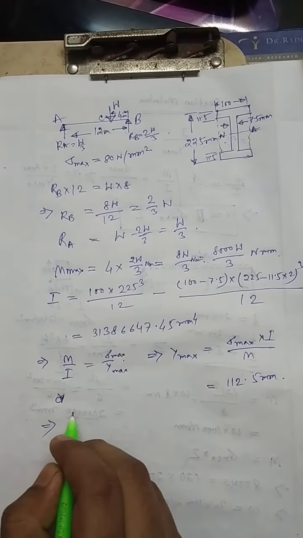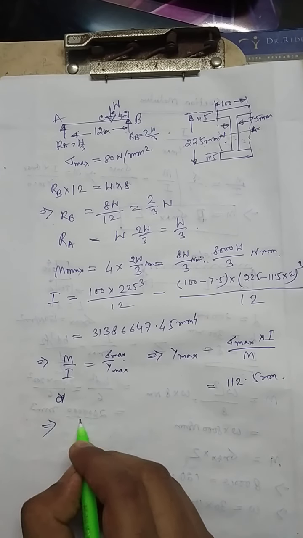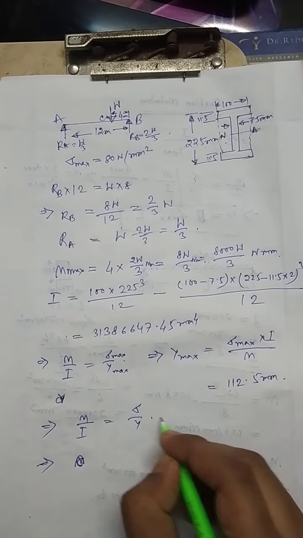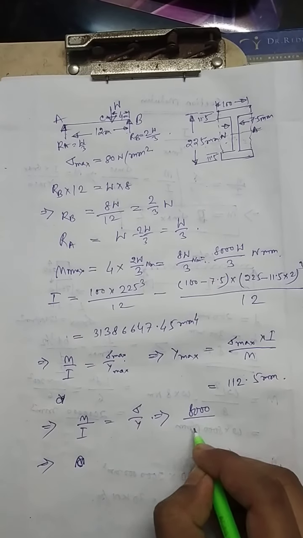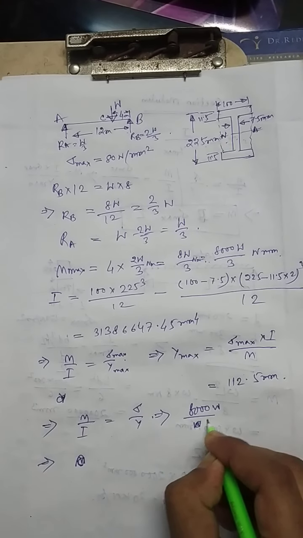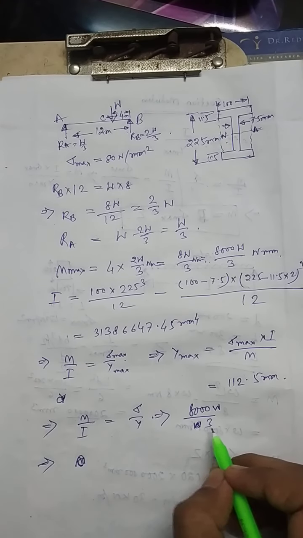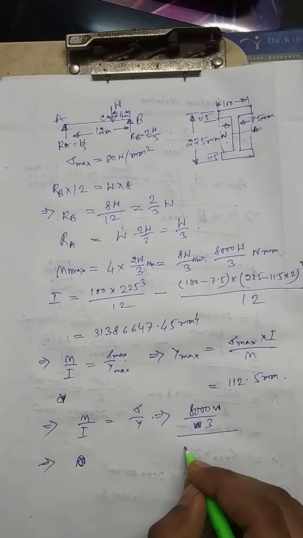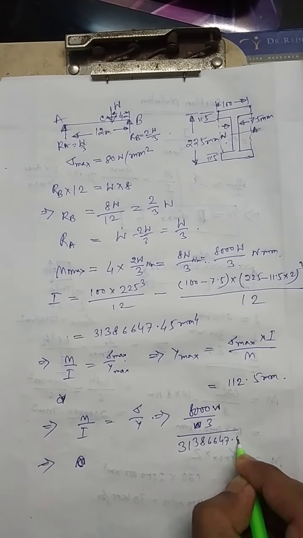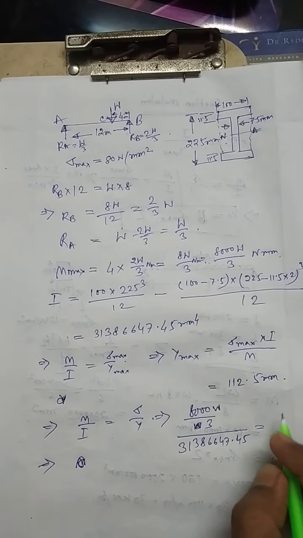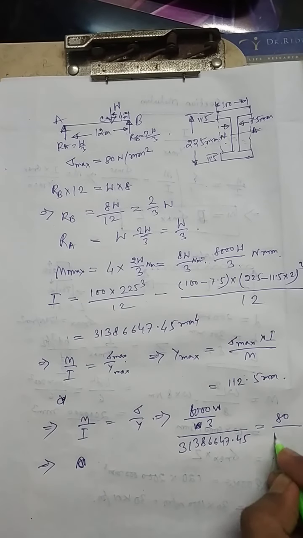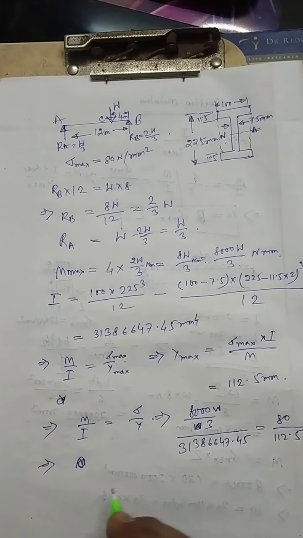Now again we will go back to the previous formula, M by I is equal to sigma by Y. When all these quantities are known, we put the values: 8000 into W by 3, this is M, divided by I, which we have just found, 31386647.45, will be equal to sigma max 80 divided by Y max 112.5.